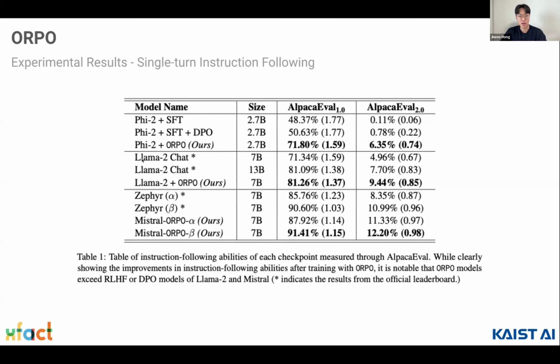So to simply say, every ORPO checkpoint uses only the 61K instances included in UltraFeedback, but the Llama 2 chat or Zephyr series use a lot more data to train their models. However, as you can see, in both AlpacaEval 1.0 and 2.0, the ORPO series exceed other models with the same pre-trained base models.